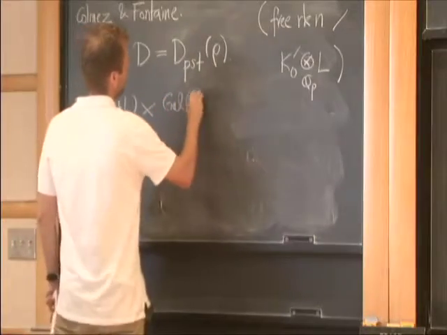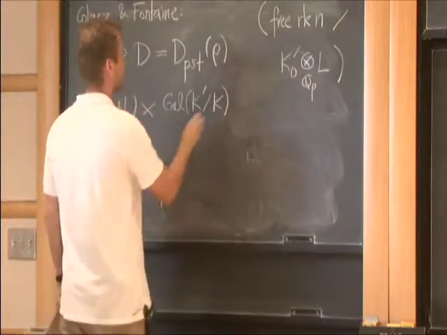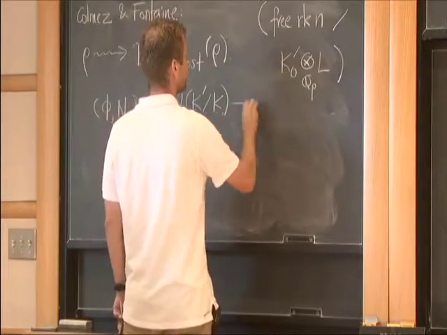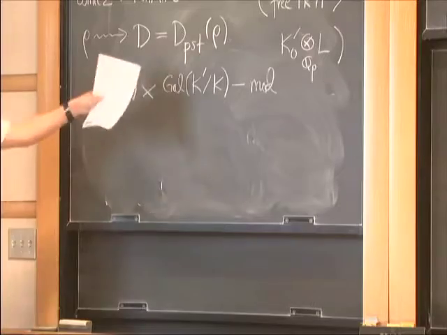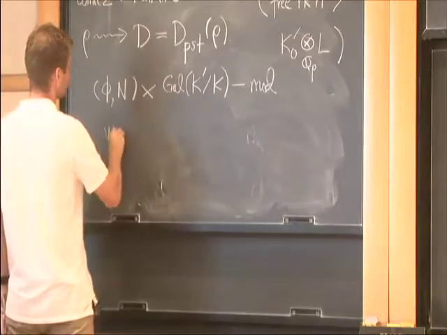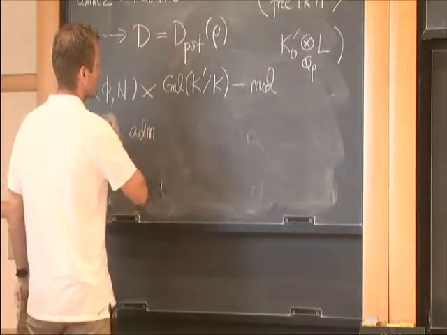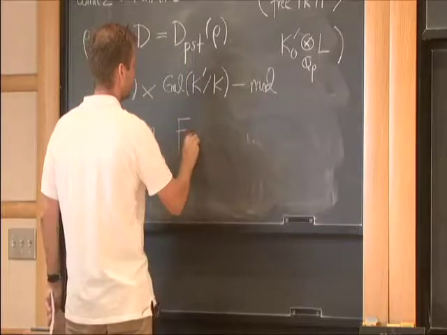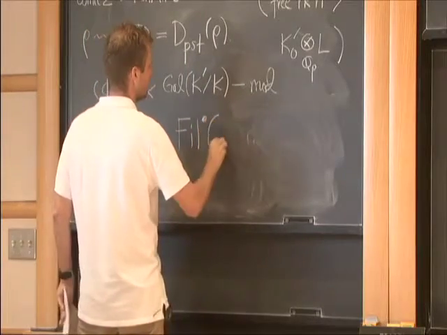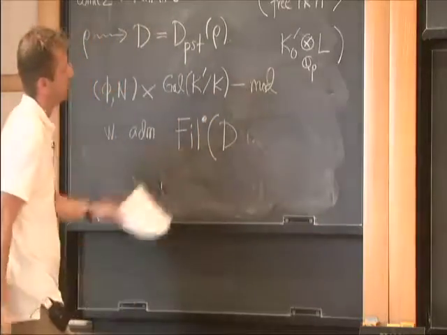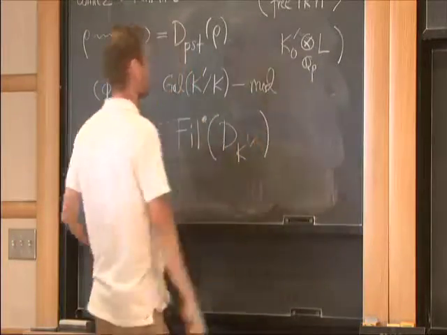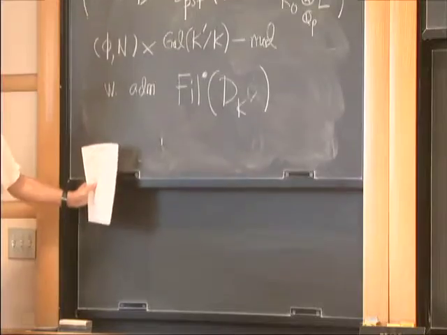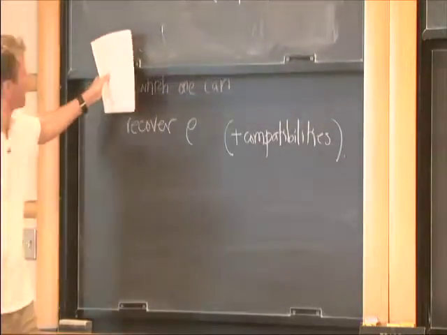So it's a module. And it has this admissible filtration. Some filtration, not on D, but you sort of have to extend scalars to K prime. Right? And conversely.